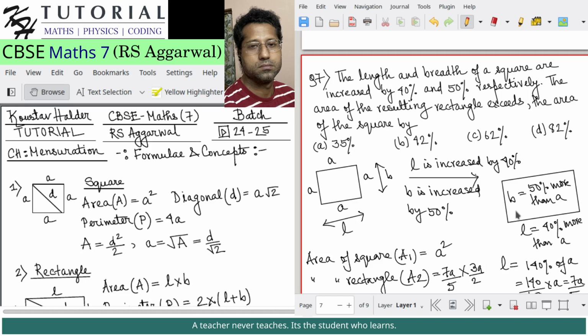Let me quickly check if I have correctly copied the question or not. Please give me a few minutes. Yes, the length and breadth of a square are increased by 40% and 30%.